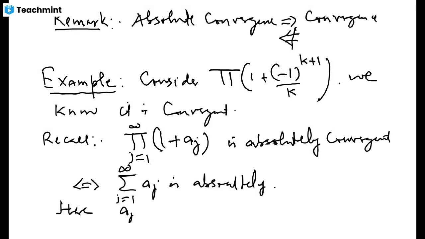So here aj's are, let me denote the index by k. Ak is equal to (minus 1) to the power k plus 1 upon k, and we have to check the absolute convergence of the series made up of these Aks, and the series (minus 1) to the power k upon k is not absolutely convergent.